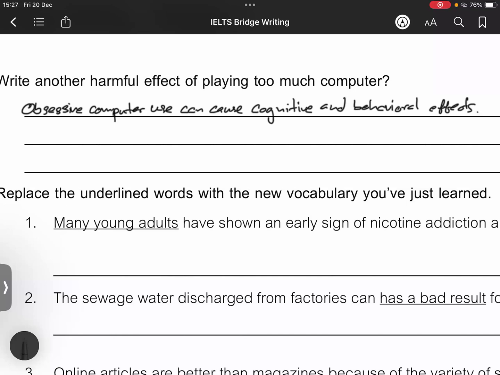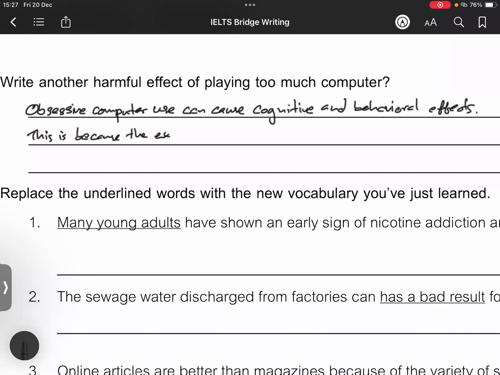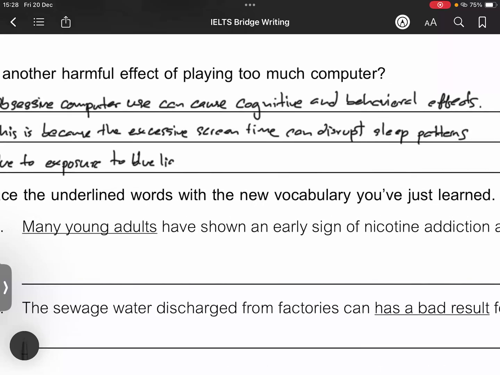So how? This is because the excessive screen time can disrupt sleep pattern due to exposure to blue light, right?